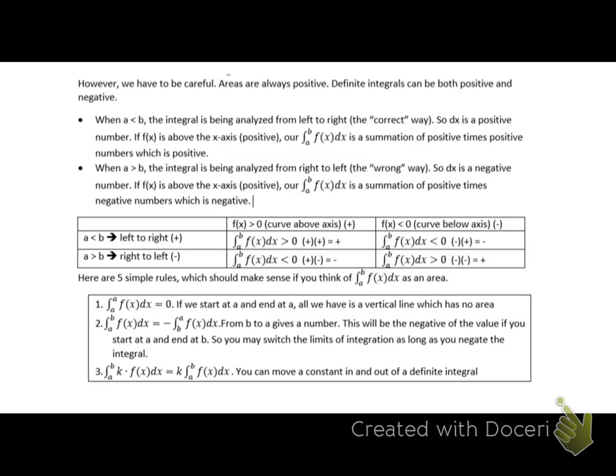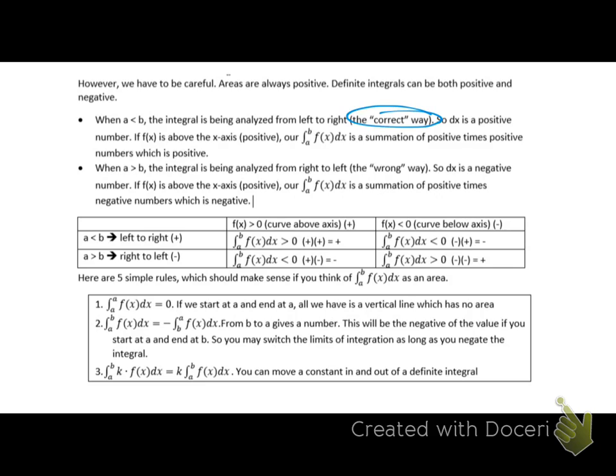Now, when you find the area under the curve, you should normally think that an area is always positive. But an integral can be positive or negative. So when you find an integral from left to right, so if a is less than b, say from 0 to 2, right, that's left to right on a number line, you're doing it the correct way, quote unquote, right?